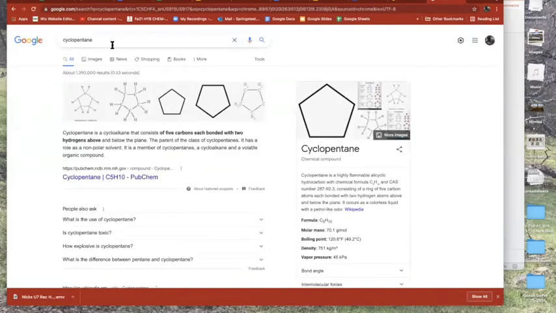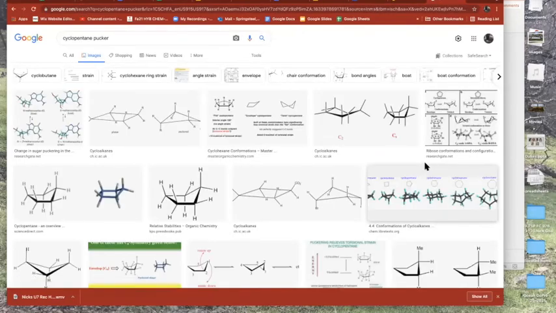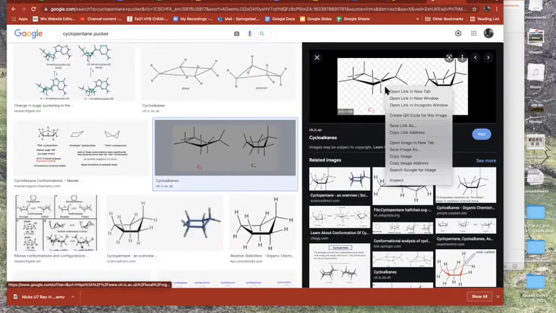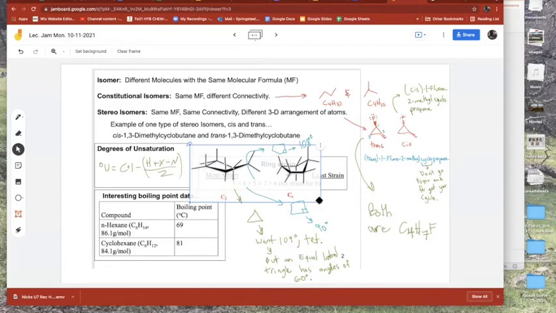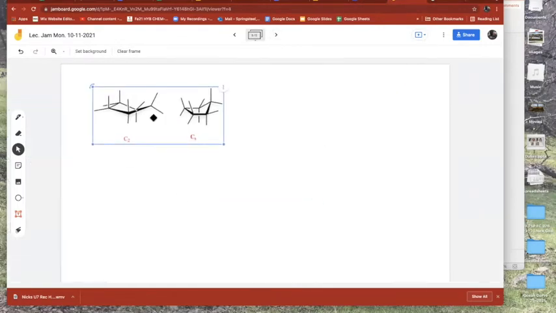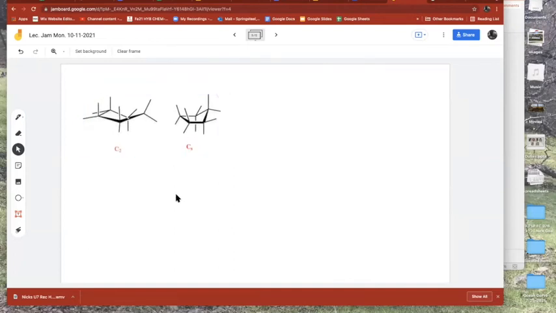It puckers kind of like that. So this one's cyclopentane.